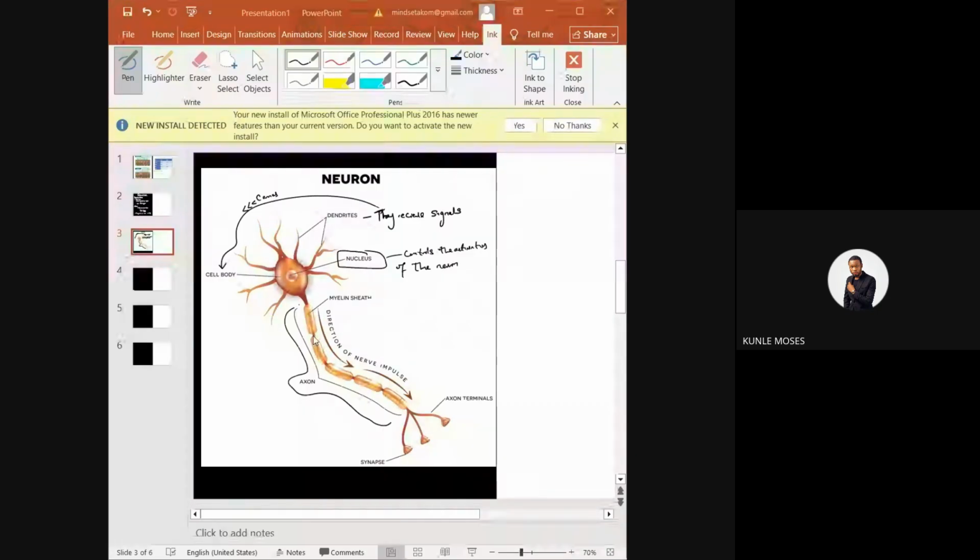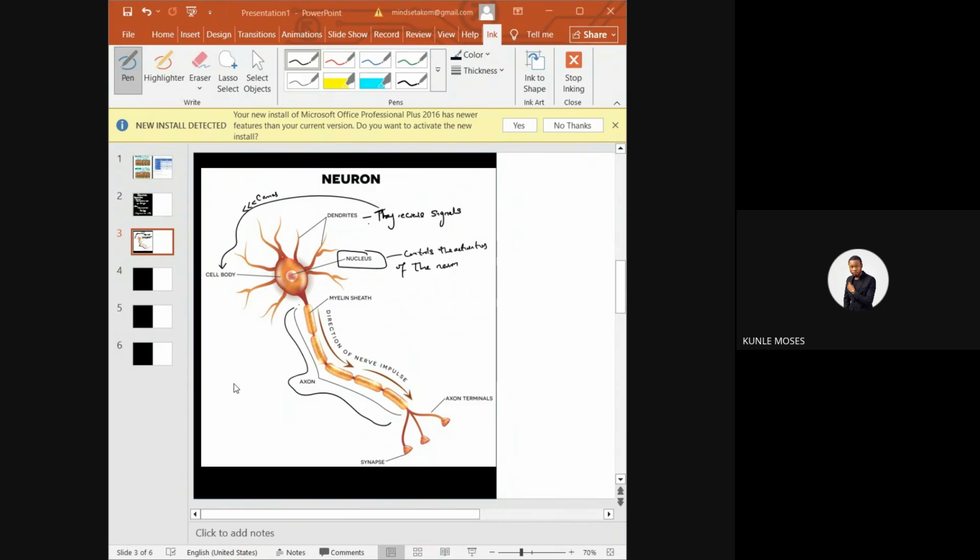Just like you sellotape some regions in the axon. So the myelin sheath is just like an insulating covering, an insulating material that helps to cover or clothe the axon.